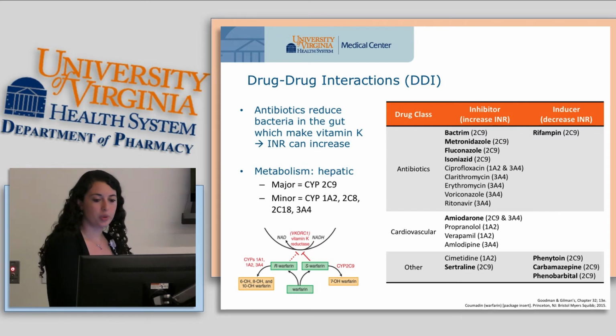On the chart, I bolded the medications that are either inhibitors or inducers of 2C9 because these are usually the ones where we see the most effect on INR when patients are taking them along with warfarin.